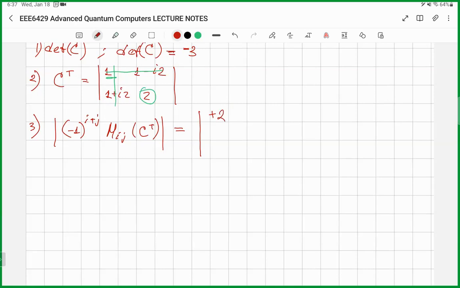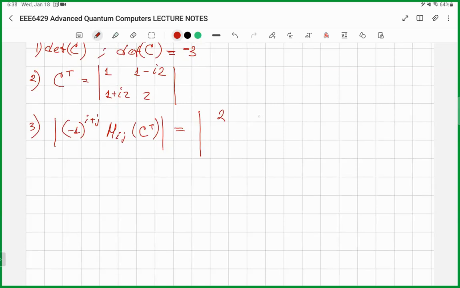The same way, for the second component. My second component is C12. 1 plus 2 gives me 3. Minus 1 to the power of 3 is minus 1.